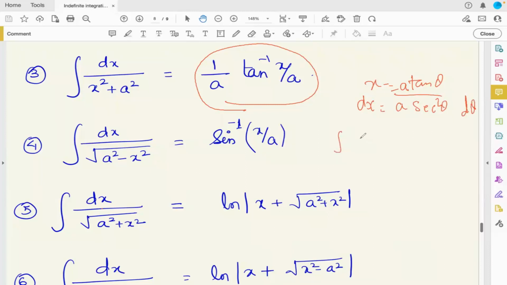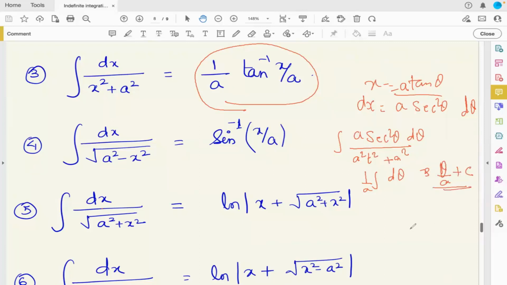And our new integrand looks like a sec square theta d theta divided by x square plus a square, so a square tan square theta plus a square. So it will be like 1 by a, and 1 plus tan square theta will be sec square theta. So it will be d theta. And when we integrate that, 1 by a theta plus constant.